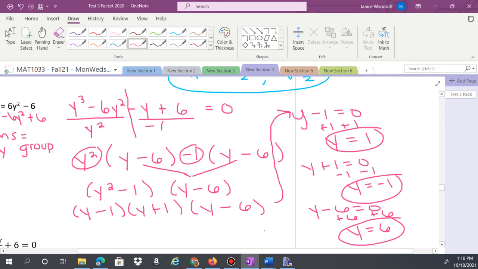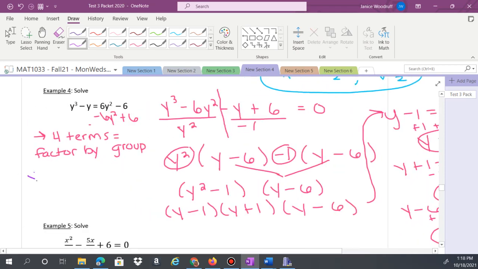And then you can go through and check it if you would like. And you also could have done y squared minus 1 equals 0. Just to show you guys.